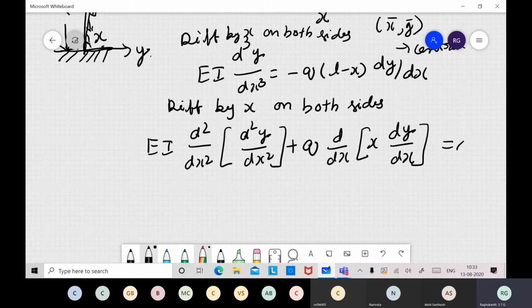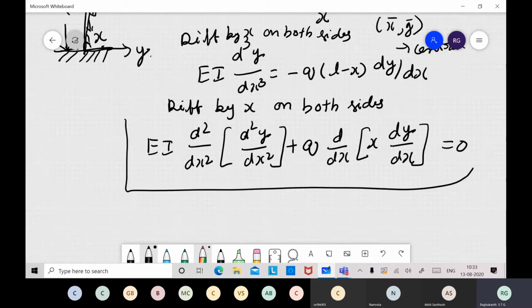So this is our basic equation of equilibrium for a column under a distributed load.